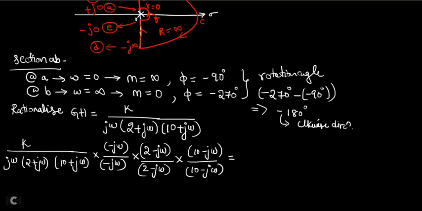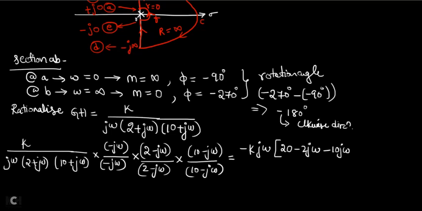Now what is that? If you do this, k times minus j omega, I will multiply these numerator terms. What happens if you multiply 2 minus j omega into 10 minus j omega? 2 tens are 20, 2 minus j omega, minus 10 j omega.